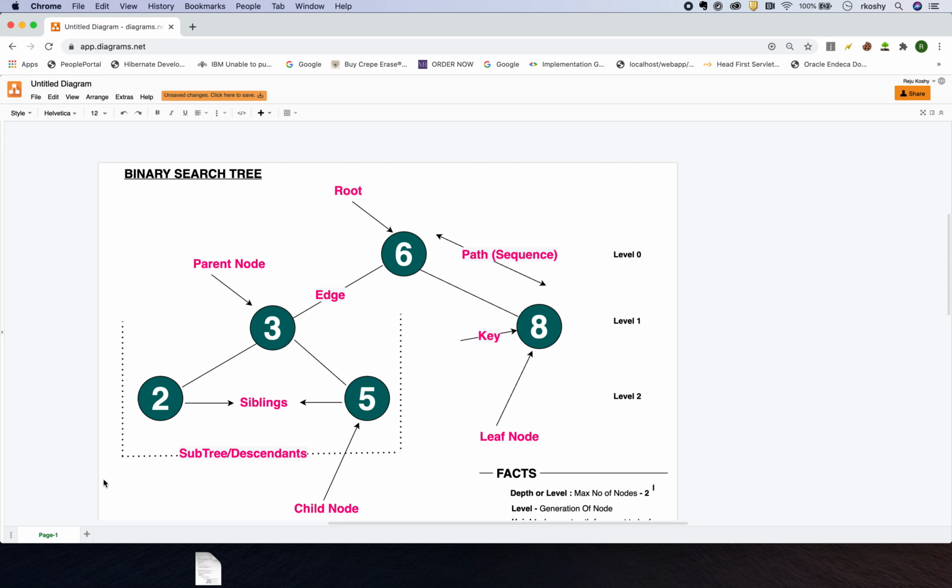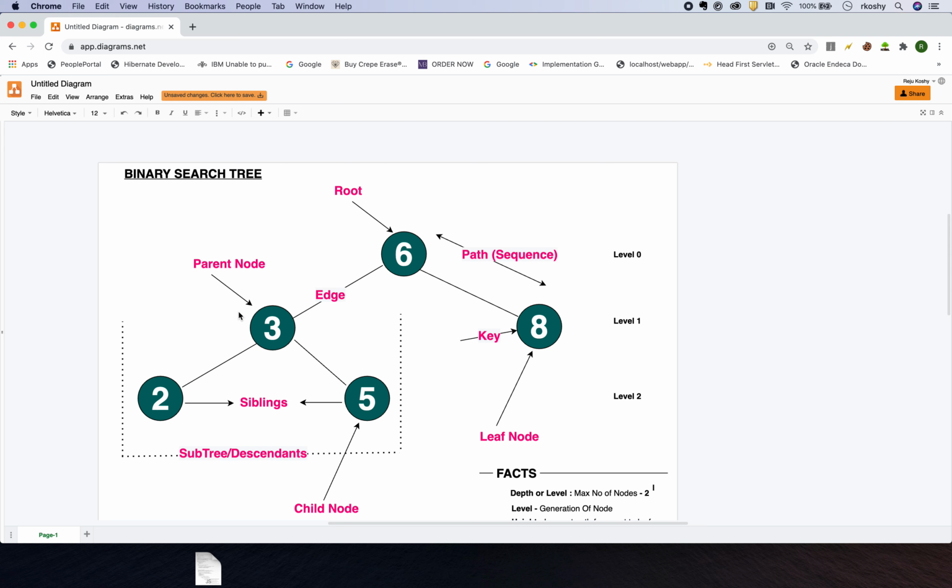So the calls will be placed in the stack, and then when the code execution goes in reverse, the stack is last in, first out, right? So it will automatically give us all the values. Don't worry about that. We will be discussing the implementation in my next session. We will see it in action in Java.